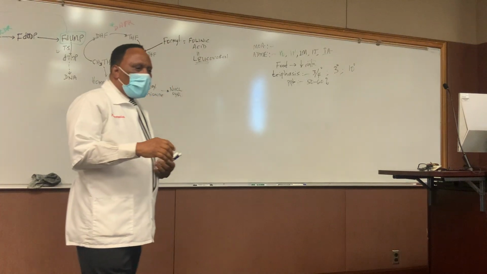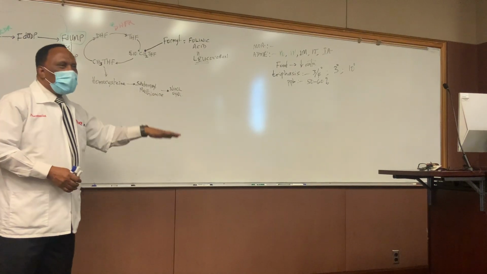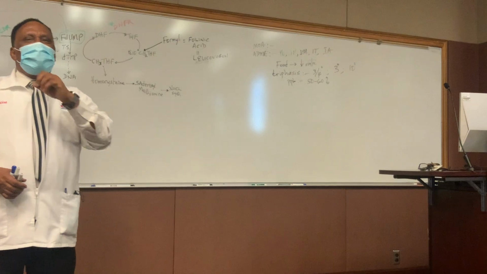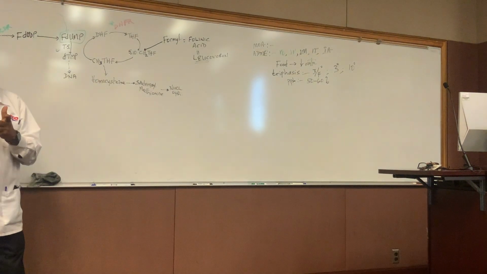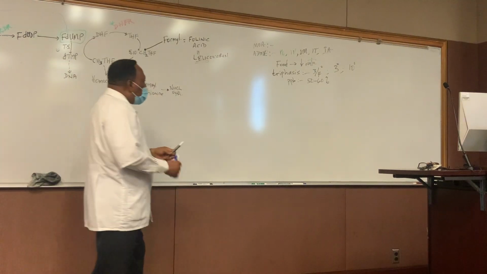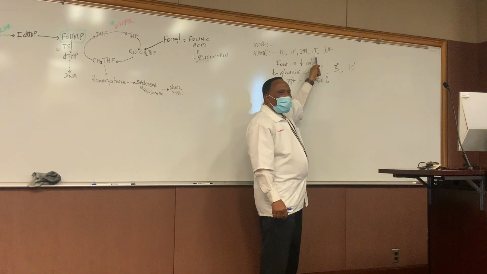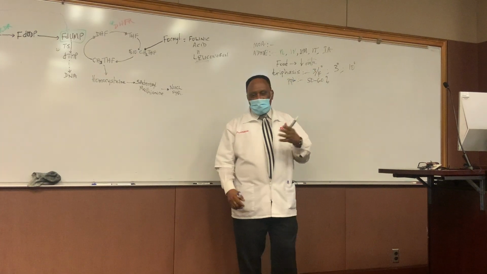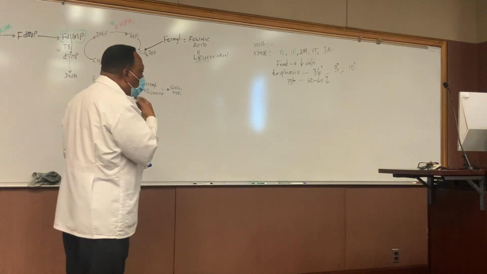So even though it is relatively low, methotrexate does not cross the blood-brain barrier readily. It does not cross the blood-brain barrier readily, and that's why you see intrathecal administration, because it doesn't cross the blood-brain barrier readily.